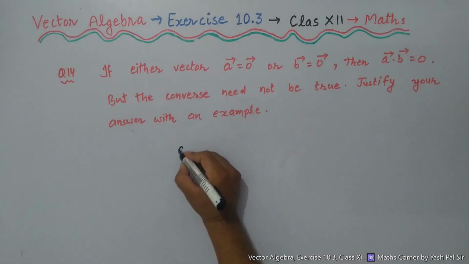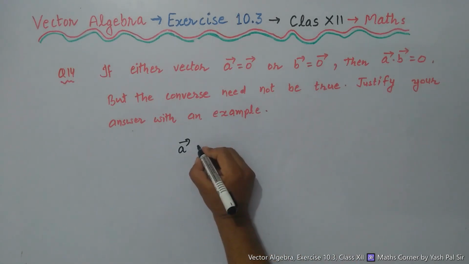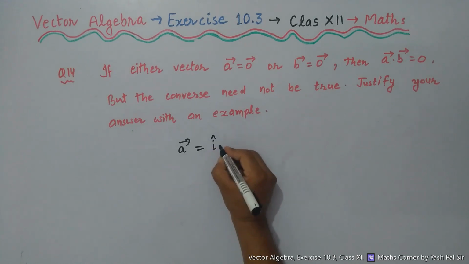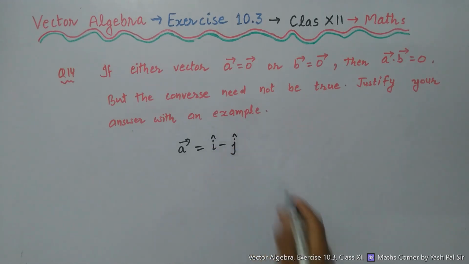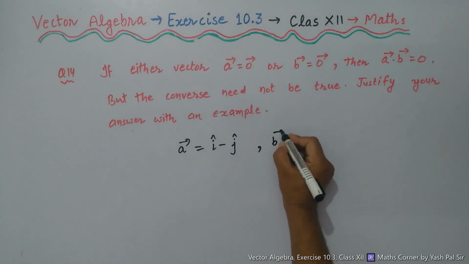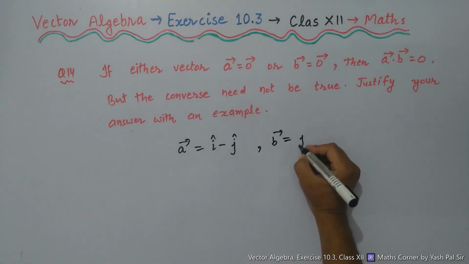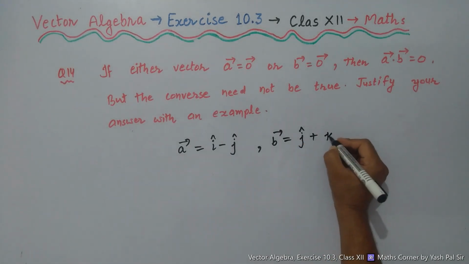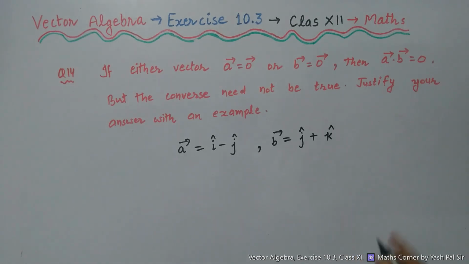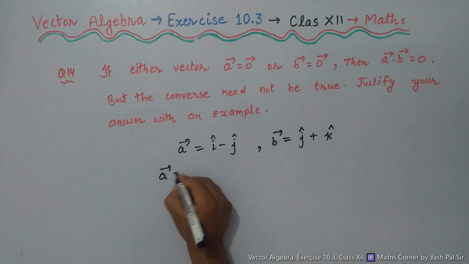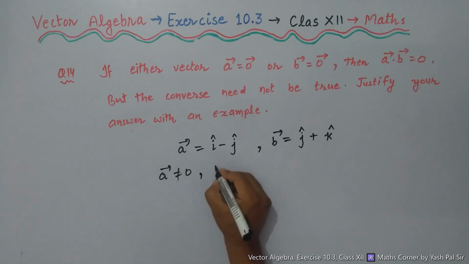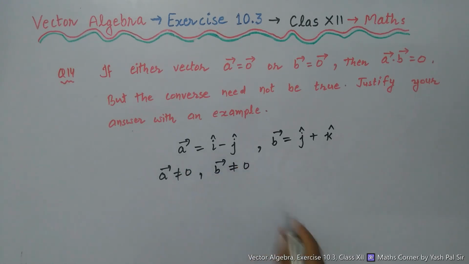Suppose I have one vector A which is not equal to 0. Suppose this is i minus j, and here I take the second vector B. B vector is equal to vector j plus k. So here A is not equal to 0, B vector is also not equal to 0.